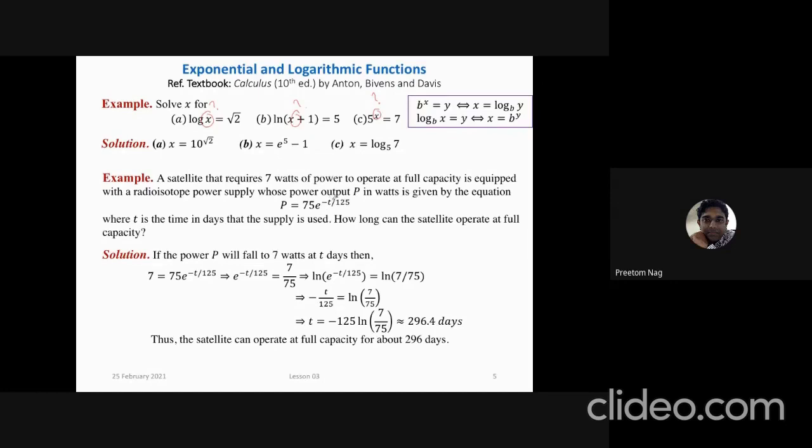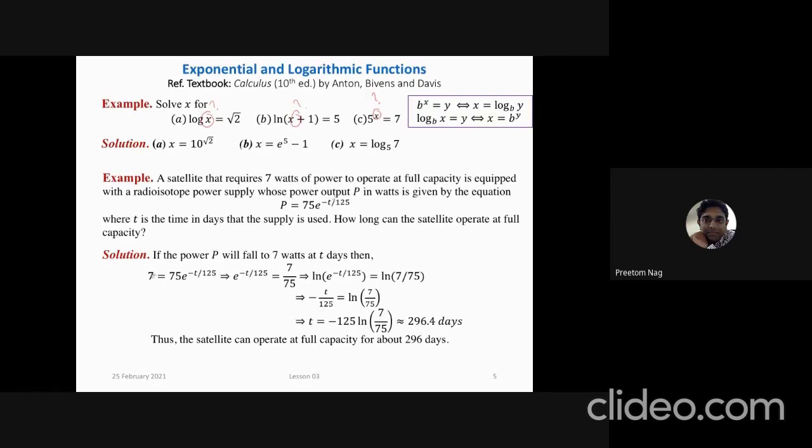The question is, how long can the satellite operate at full capacity? That means the satellite can operate at full capacity only while its power is at least 7. So how long will t take to reduce the power to 7?